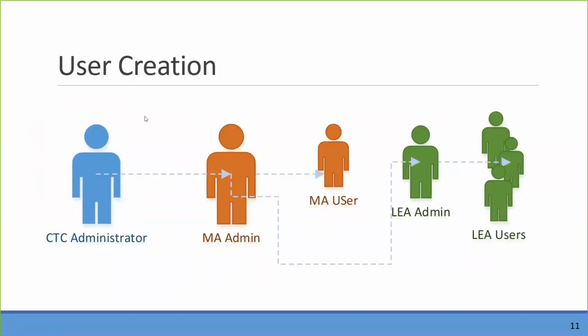Once they've been invited as an administrator and they've created their user profile, they can then invite other monitoring authority users, so other users within their county that they can invite to work in the system, and they can assign those users work.